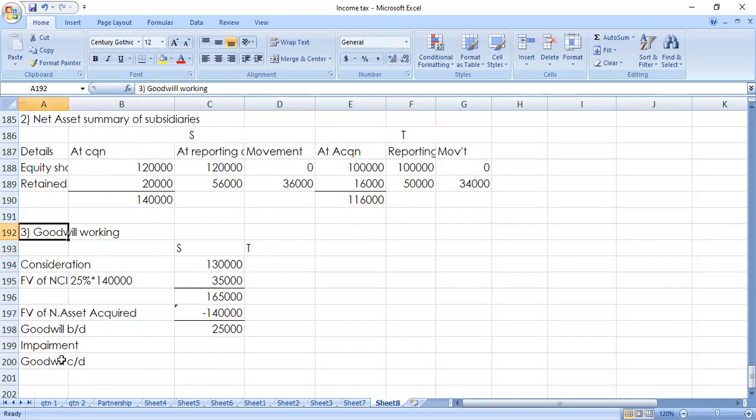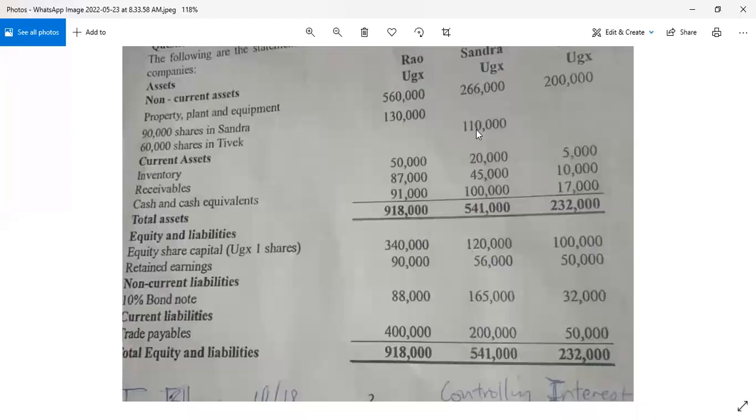Because you're looking at Ara's books, okay, not S's books, Ara's books, the first parent. What did he contribute in terms of consideration to acquire T? We say you go to the investment that Sandra made of 110,000 in TVEC.